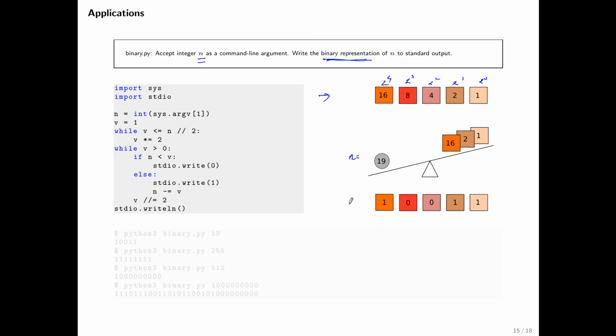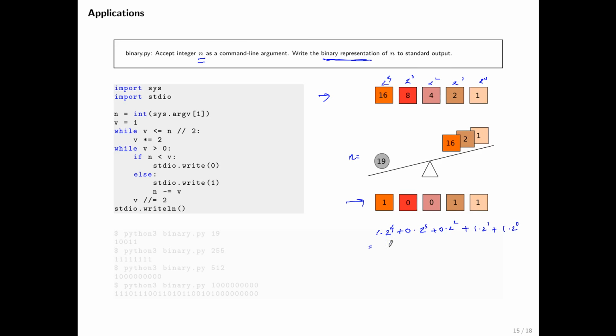Now what is this here? Well, this is the binary representation for 19, because what we have here is 1 times 2 to the power 4 plus 0 times 2 to the power 3 plus 0 times 2 to the power 2 plus 1 times 2 to the power 1 plus 1 times 2 to the power 0.